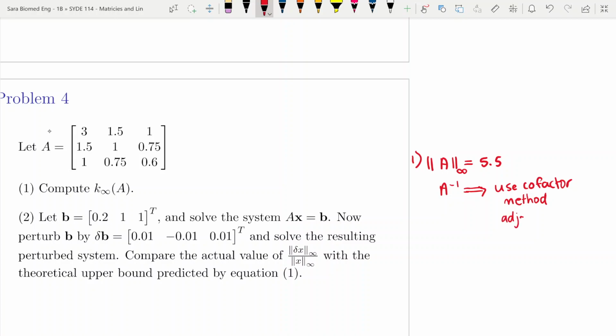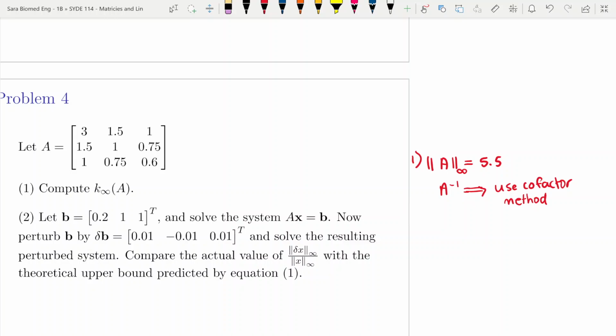So the adjugate matrix is this: C11, C12, C13, C21, C22, C23, C31, and so on.